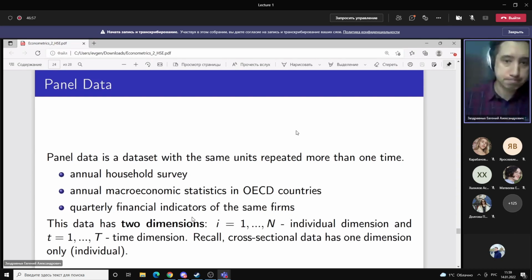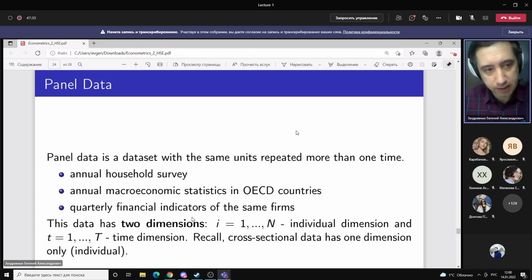But now we observe the same units more than one time. For example, I can survey the same households for 2 or 3 years. I have 100 households, families, and I survey each family 3 times, annually. If I collect my survey results, I will get panel data.